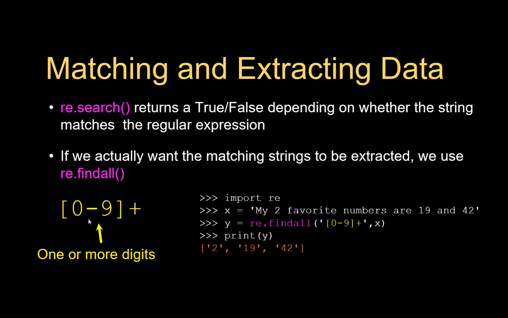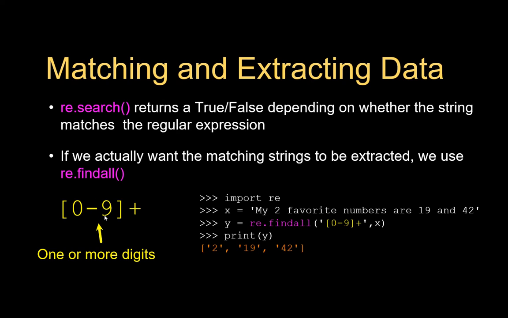Okay, so there are some other ways to do fine-tuning. In this case, we have a square bracket 0-9. What this square bracket 0-9 square bracket means is only one digit. This is going to be representative of one digit between 0 and 9.